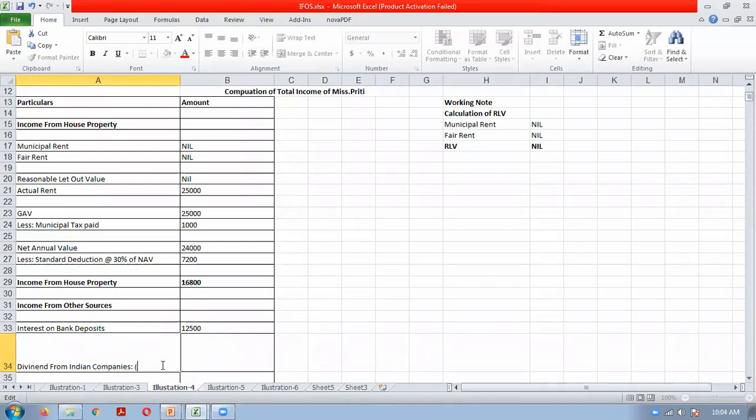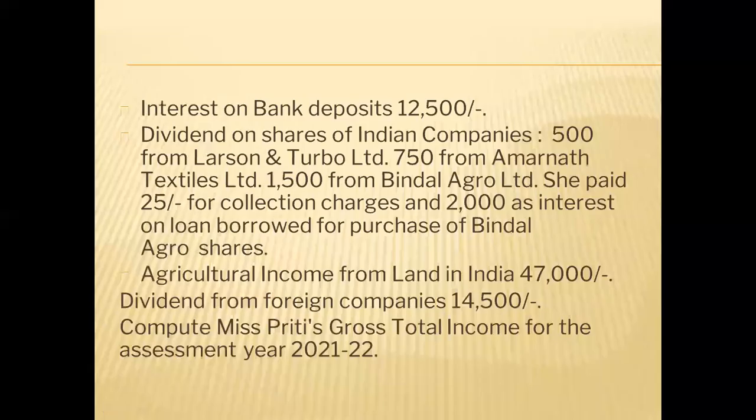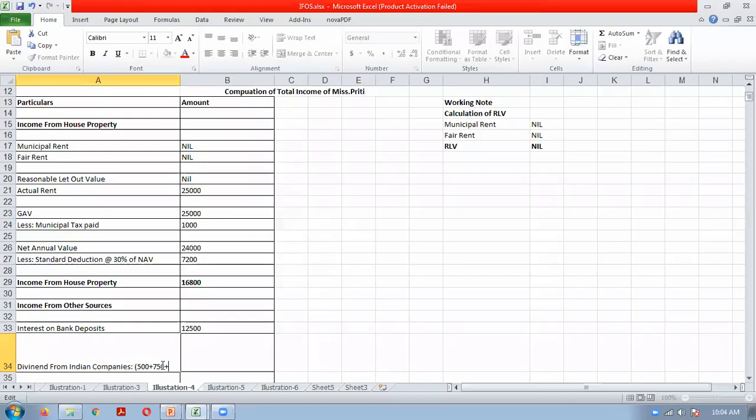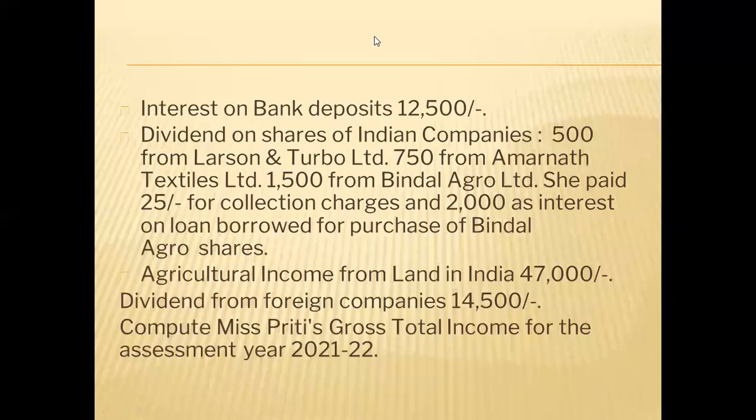Okay. So 500 is the dividend from Lazarus Tube, 750 from Amarnath Textile, and 1500 from Bindal Agro. This is the income, less 25 collection charges she is paying, which will be allowed as a deduction, and 2000 interest she is paying, which will be allowed as a deduction, because the net amount should be taxable.